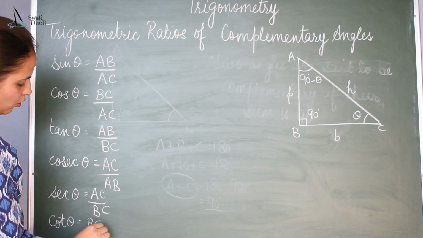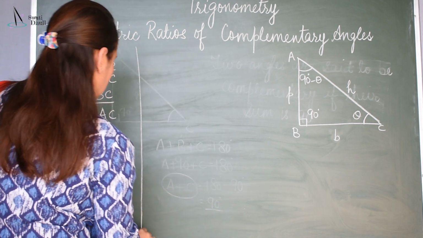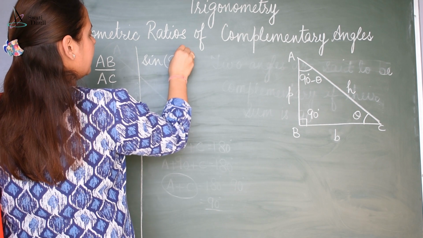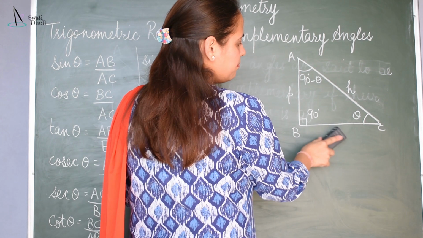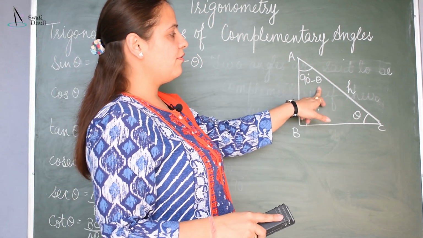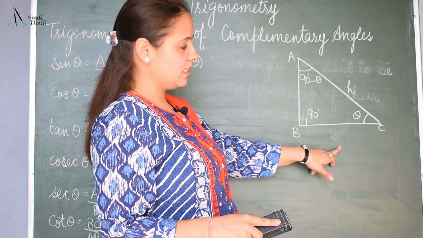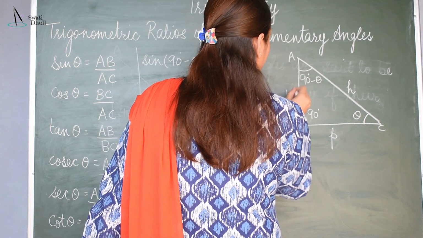Now we'll find out the trigonometric ratios for angle A, which is 90 minus theta. Now your base and perpendicular will be interchanged, because if we find sine 90 minus theta, the side opposite to this angle is this, so this will become perpendicular now and this will become base now.